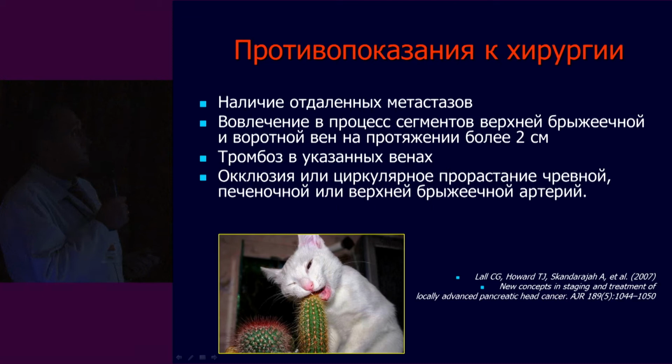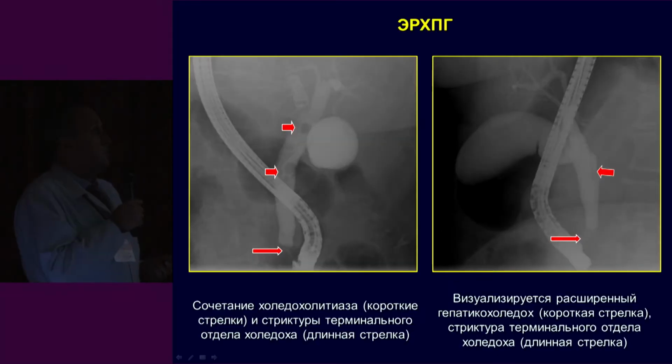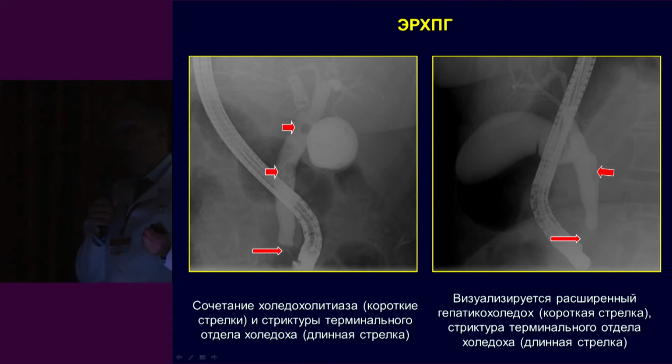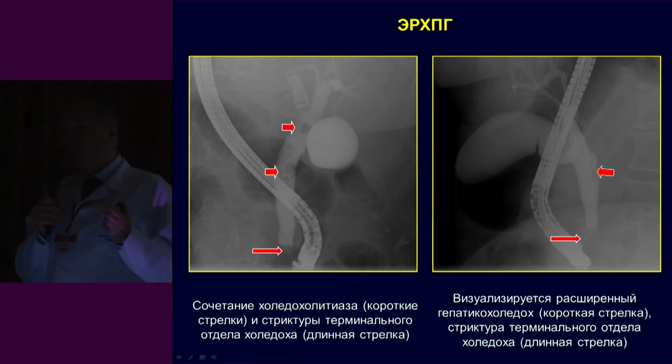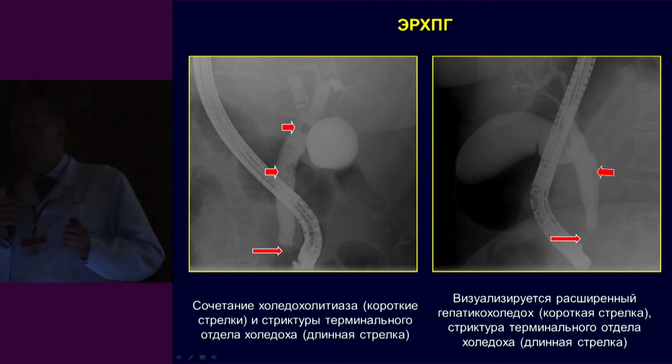This is the remote metastasis, then involvement of these segments. Then if we speak about ERCP, this is a unique method. This is the method which is very similar to the traditional X-ray. It will definitely accompany us always.